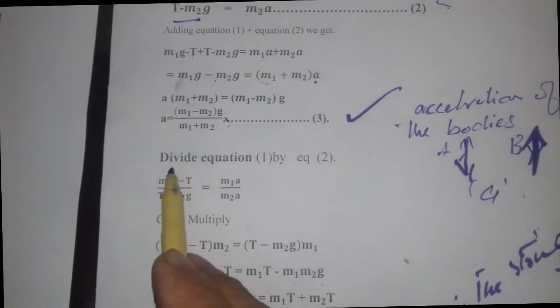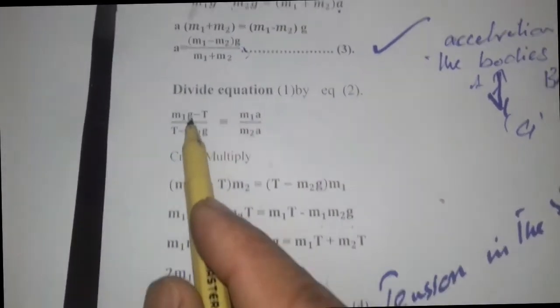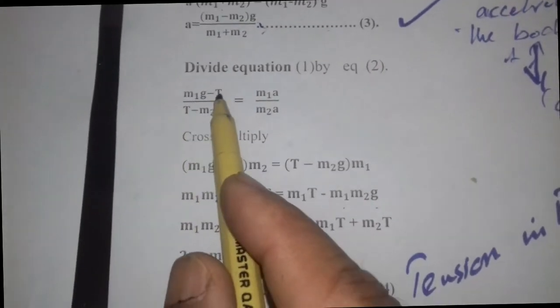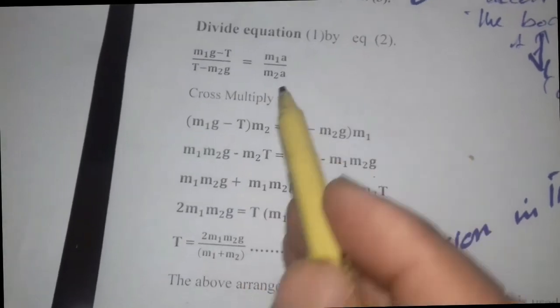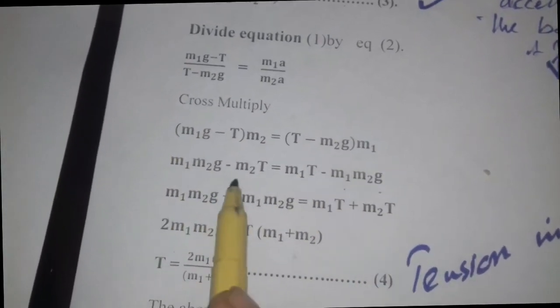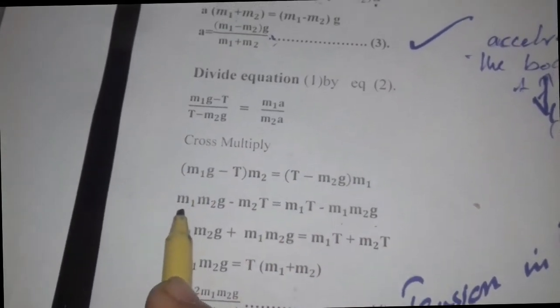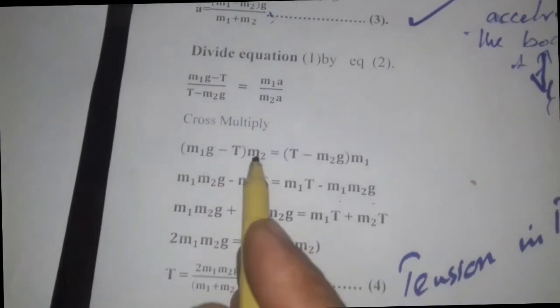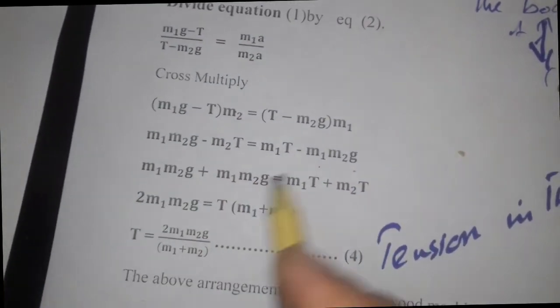Now for the tension, divide equation 1 by equation 2. We have m1g minus T over T minus m2g equal to this, and a is cancelled with a. Cross multiplying, we have this m1g, and multiplying this factor we get this.